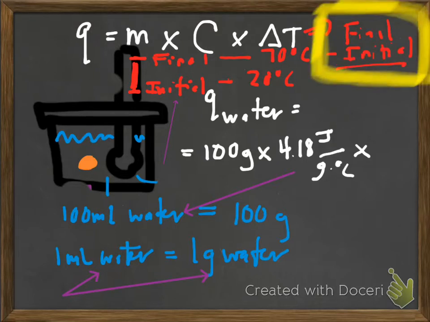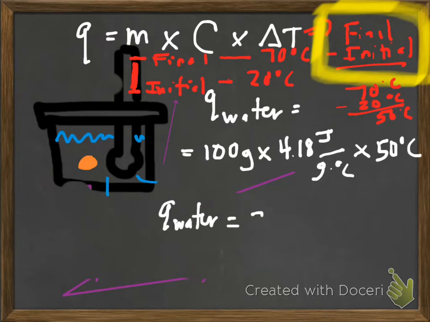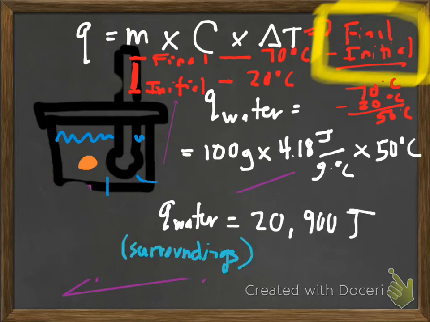Anytime you calculate delta T from now on, you're going to do final temperature minus initial temperature. If I do that here, I get 70 degrees minus 20 degrees C, and that is 50 degrees Celsius. If I calculate that all together, I get Q of the water being 20,900 joules. That is the heat that is exchanged to the surroundings.